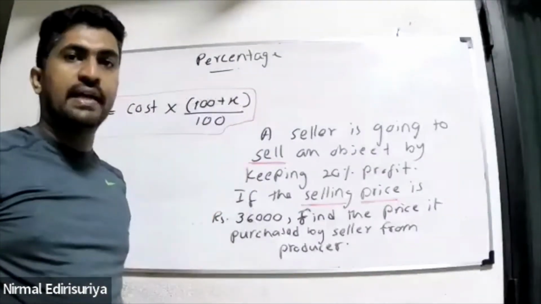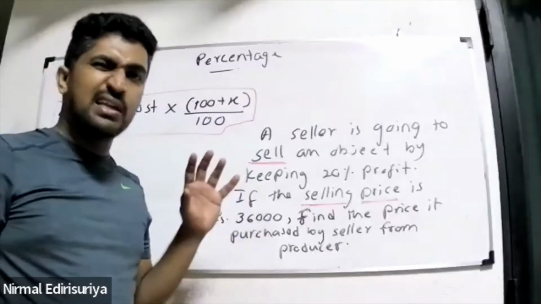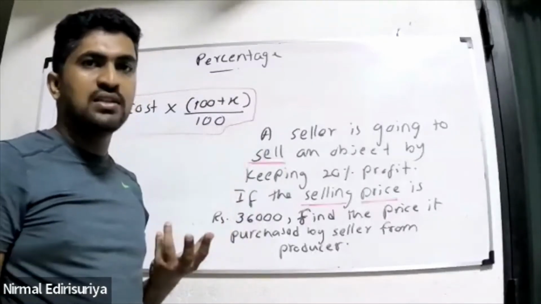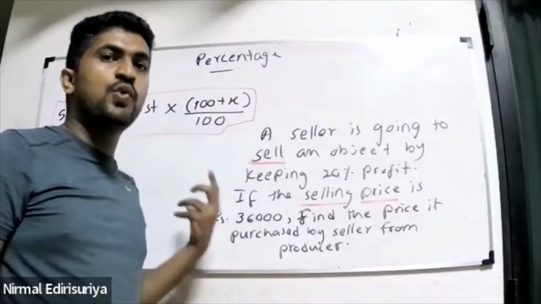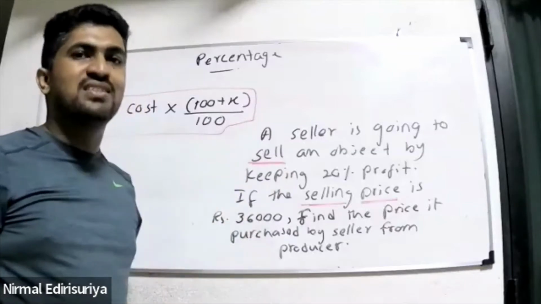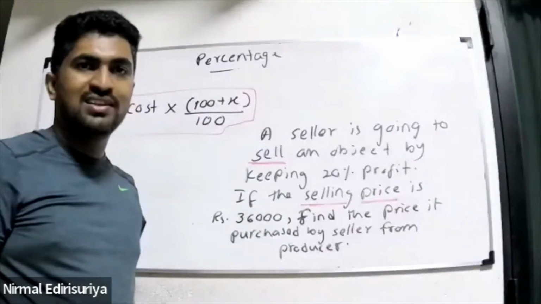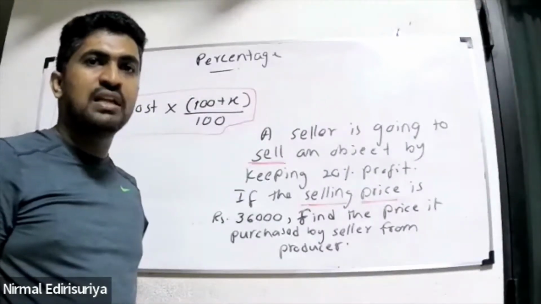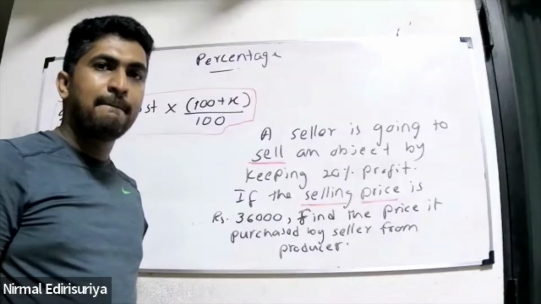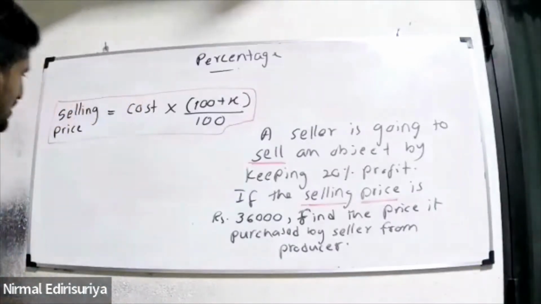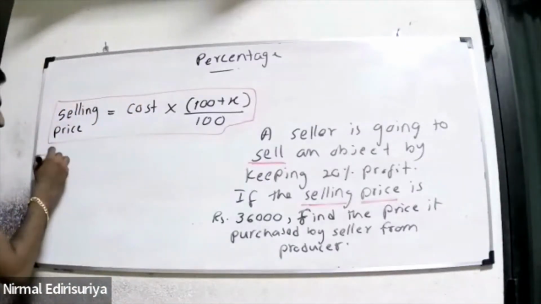Now you have to put data. Because you have to ask, then I can teach you. Then others who are watching this video can also understand. Okay, Lagdin, yes, sir. Then selling price is 36,000.